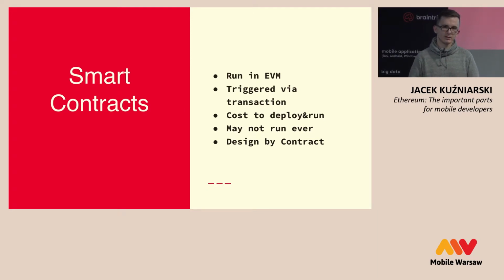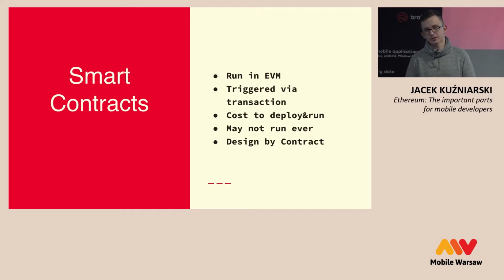And transaction is a very basic part of blockchain. So you run a smart contract, a function of a smart contract, you trigger a smart contract, you transfer funds, all this is a transaction. Transaction is an important part of it.